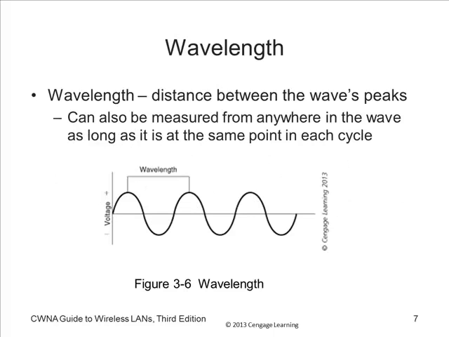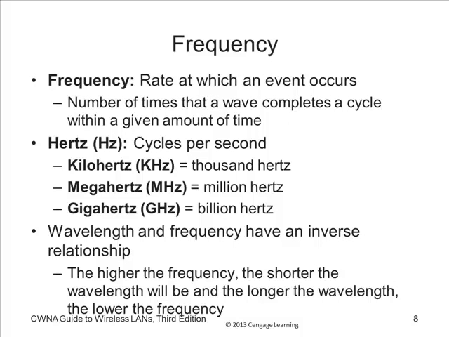Wavelength, the displacement between the peaks, peak to peak. Actually, wavelength is any point that's the same to any other point that's the same. We could go from 0 to 0, a full cycle, and we would have the wavelength. Frequency is the rate at which these events occur, the rate of change.